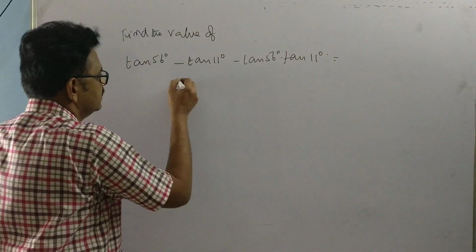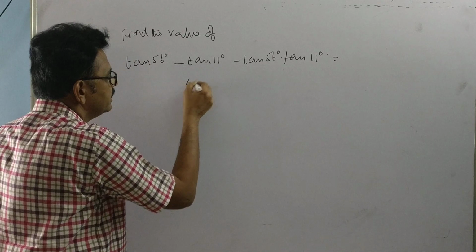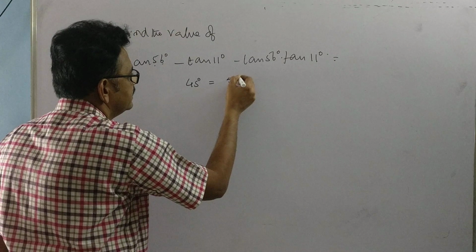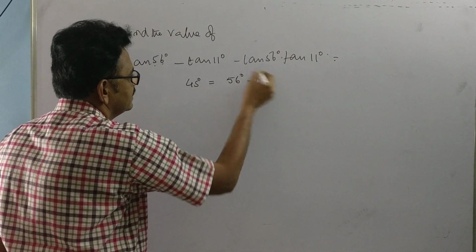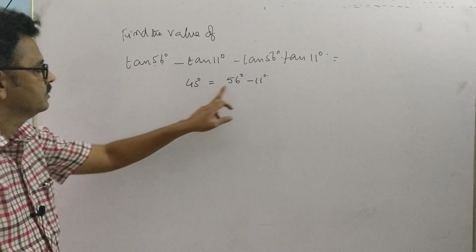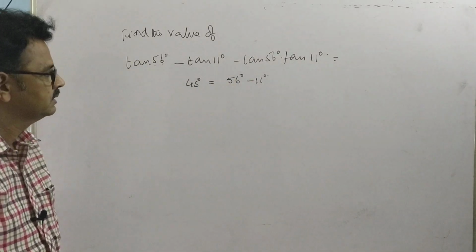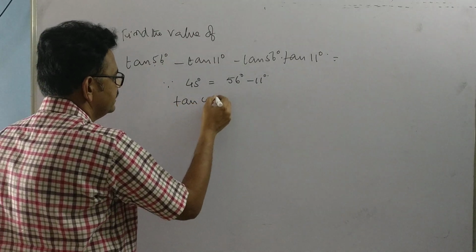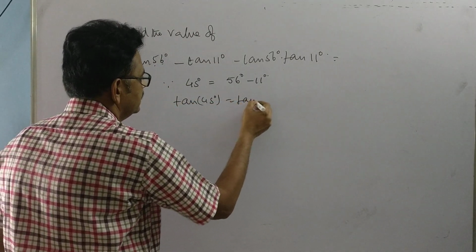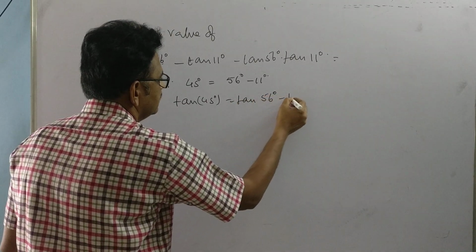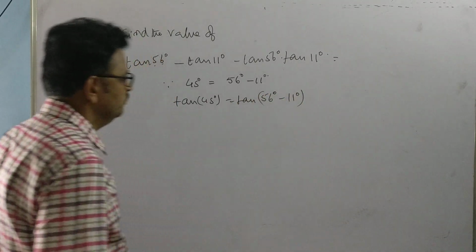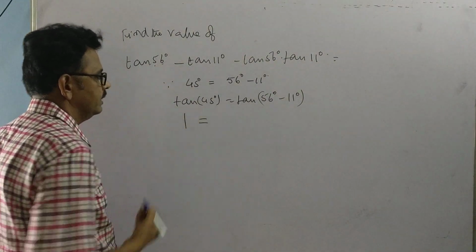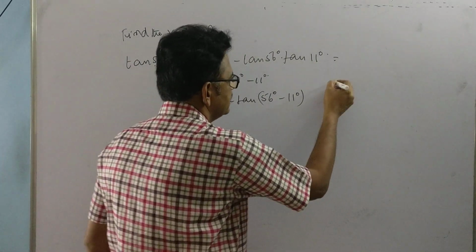Now see here, clearly 45 degrees can be written as 56 degrees minus 11 degrees. 56 minus 11 is 45 degrees. Now applying tan on both sides, tan 45 degrees is equal to tan of 56 degrees minus 11 degrees. So tan 45 value is 1, equal to tan of A minus B.